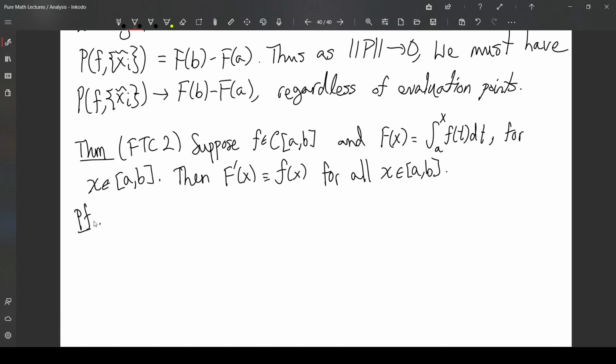And the proof here is not going to use the sort of integral ideas, like the last proof did. This proof instead is going to use more limit and derivative rules.